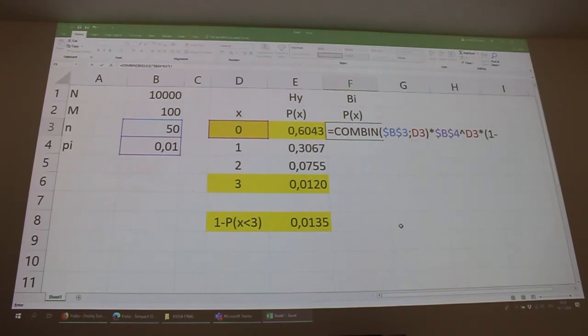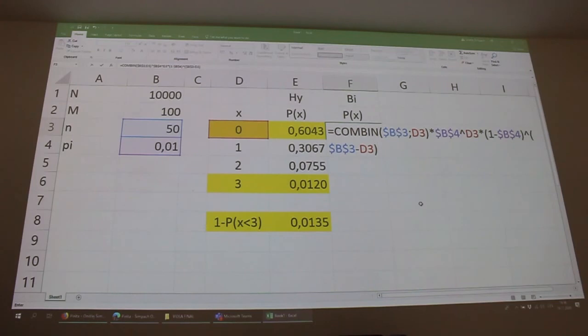Use the function for it because this is a parameter, powered by small n minus x. This value 50, use the function for it because it is a parameter, minus x, x is the variable. Close the parenthesis. I hope that everything is alright.